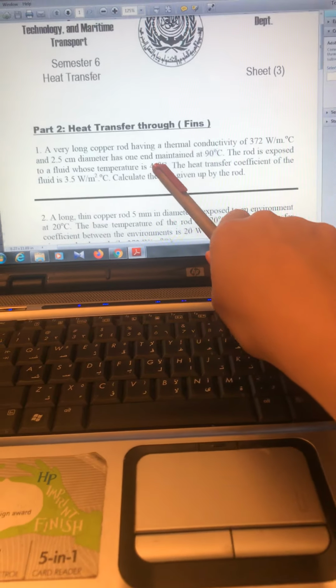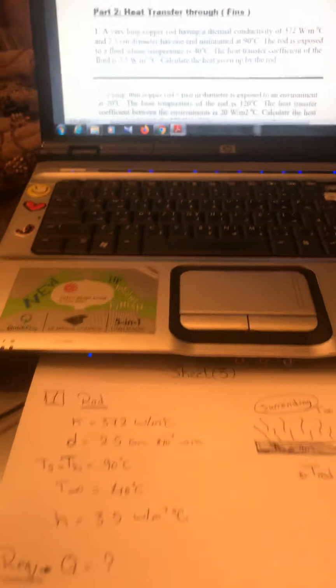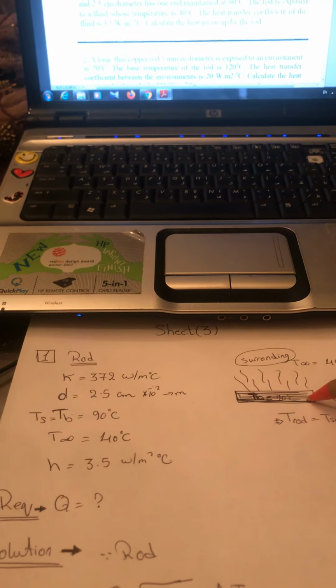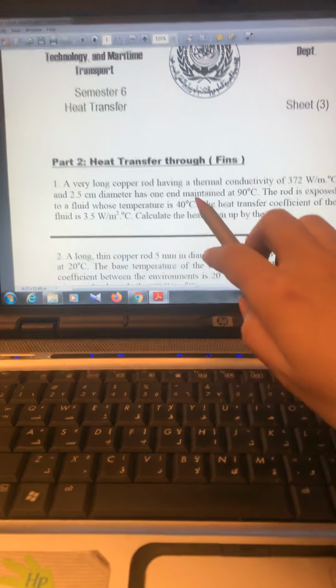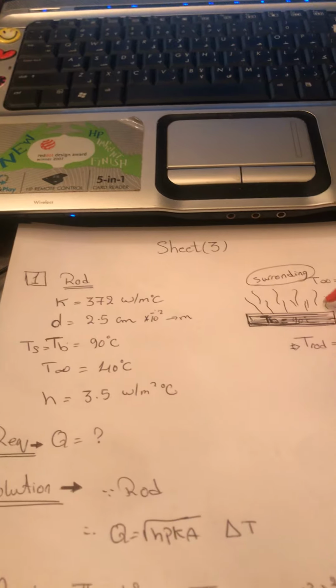has one end maintained at 90 degrees. Therefore, in this case, the temperature for the body, or TB or T surface, will be 90 degrees. The rod is exposed to a fluid whose temperature is 40. So it's supposed to be a liquid here.